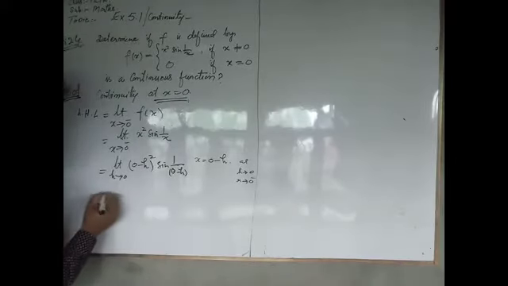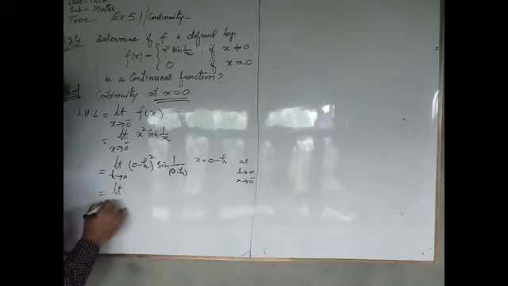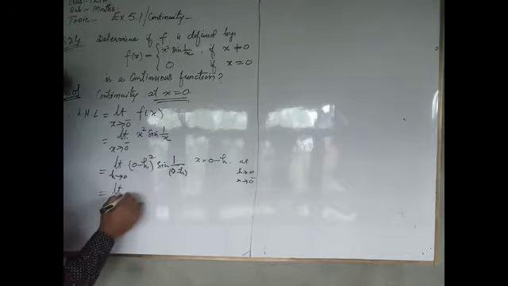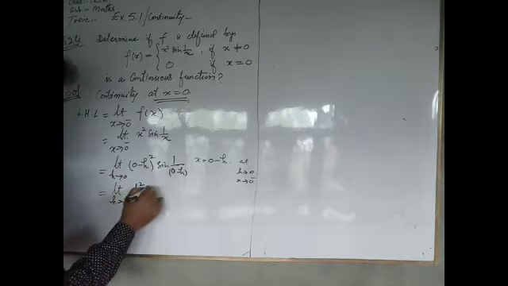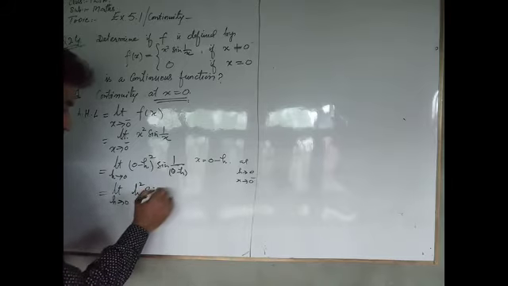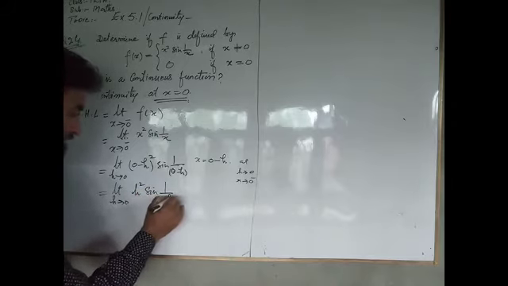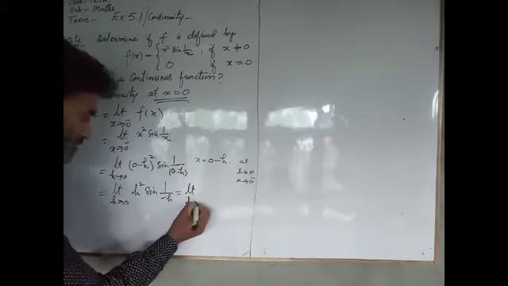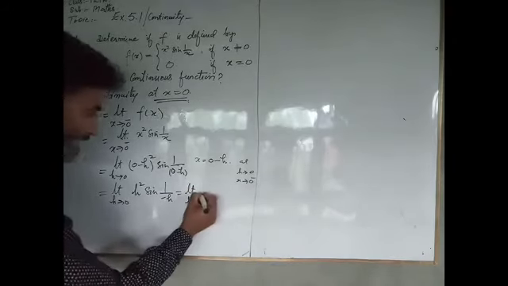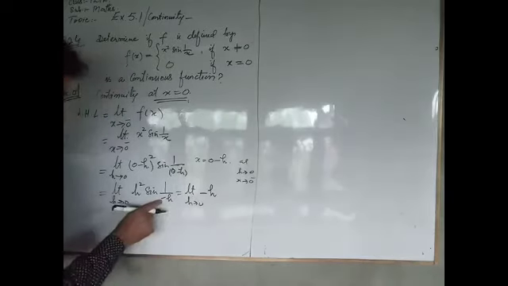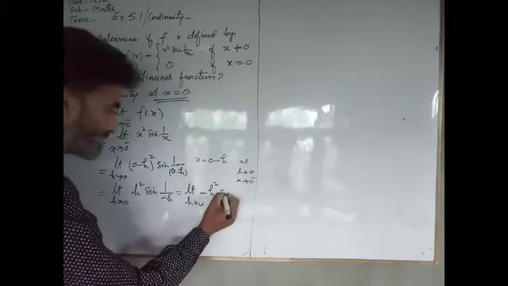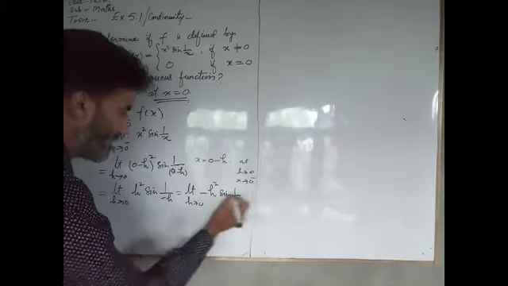Now dear friends, it is limit h approaches 0 of (0 minus h)² sin(1/(minus h)), which is equal to limit h approaches 0 of h² sin(1/(minus h)), यानी minus h² sin(1/h).